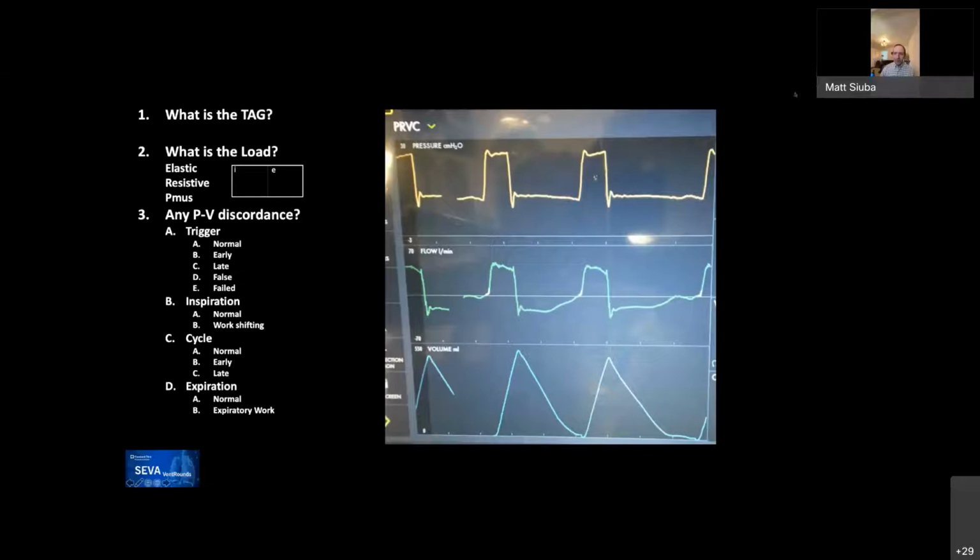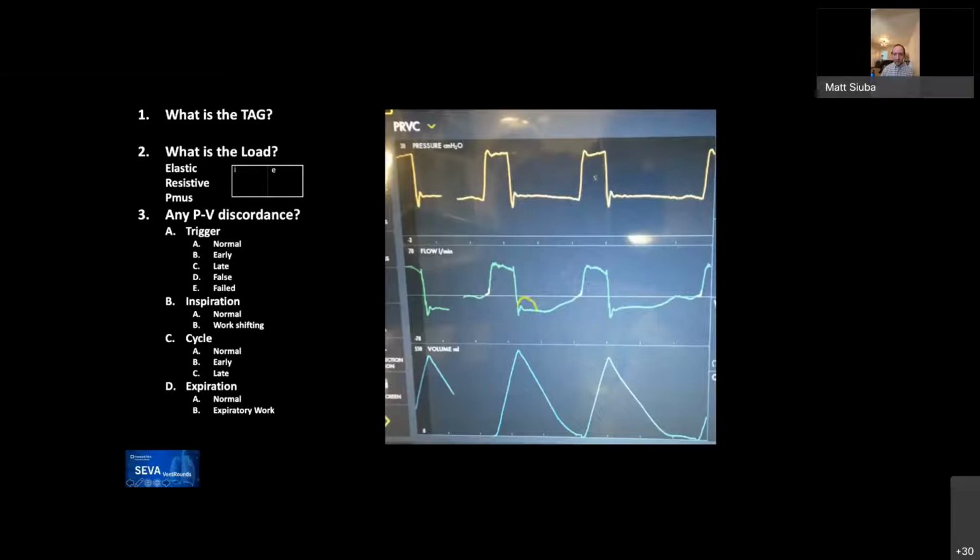Sherry asked, if the patient has Pmus during inspiration, how can you tell if the cycle is normal or early? That's a good question. It depends on the transition from inspiration to expiration. If you have early cycling, so the machine is cycling before the patient's ready to cycle, then you'll see an upward deflection in the expiratory waveform at the very beginning of it, suggesting that inspiration is still happening.